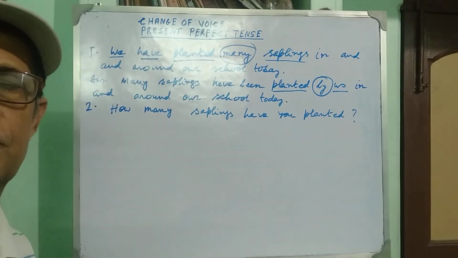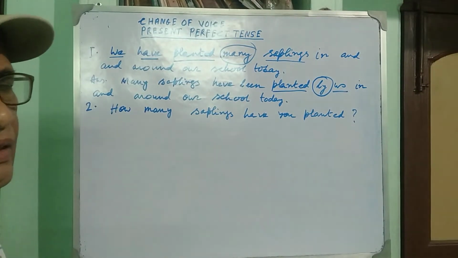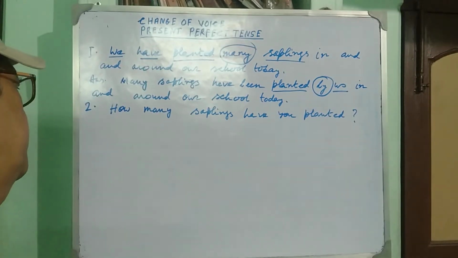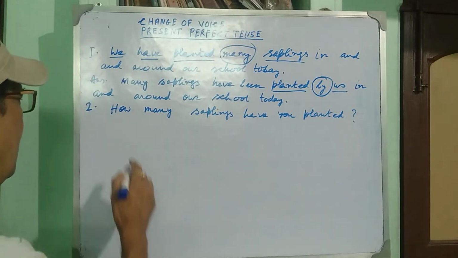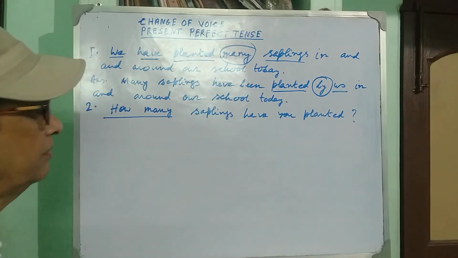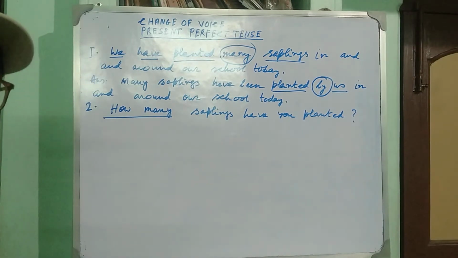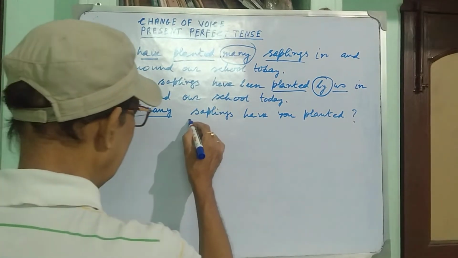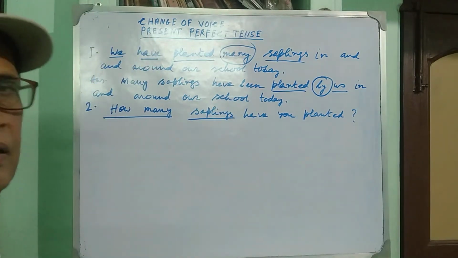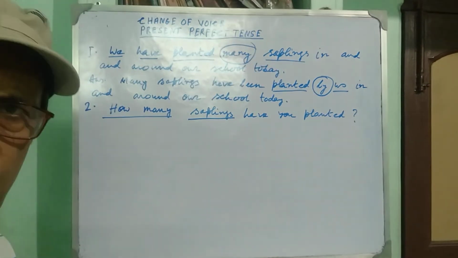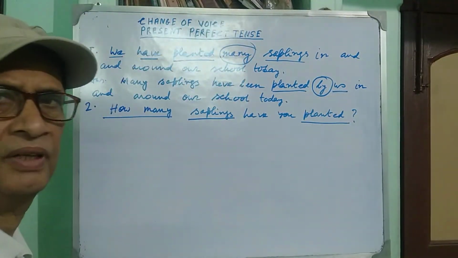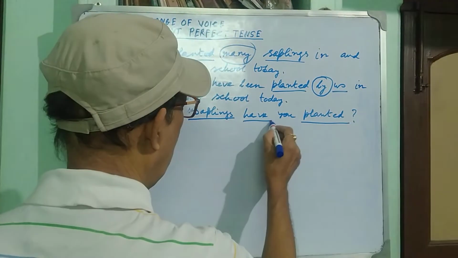So it is the example of an interrogative sentence in the present perfect tense. How many will remain intact. It has no change. Here, saplings is the object because planted is the verb and have is the auxiliary verb.